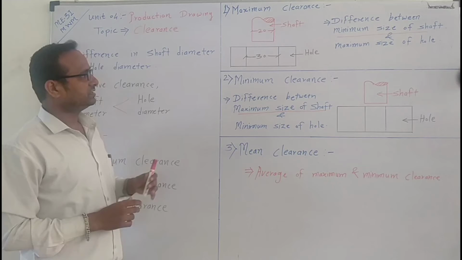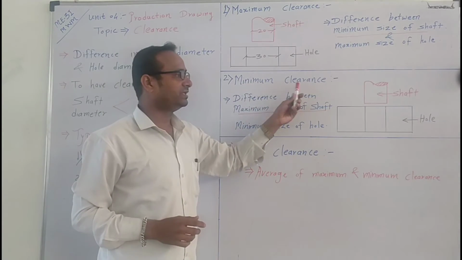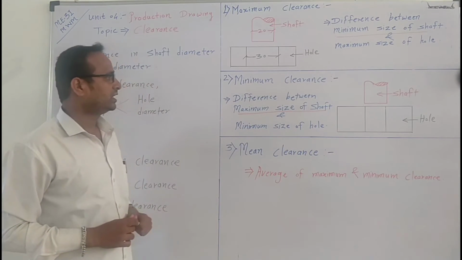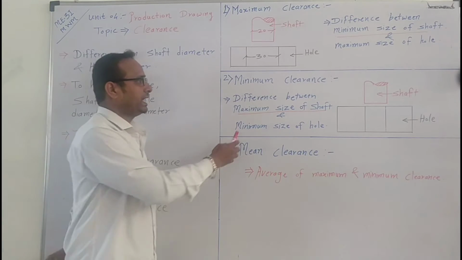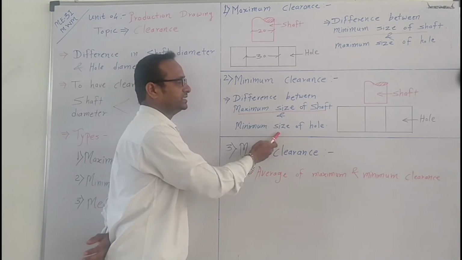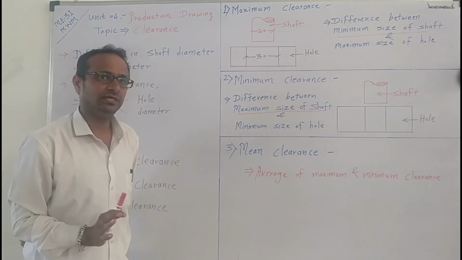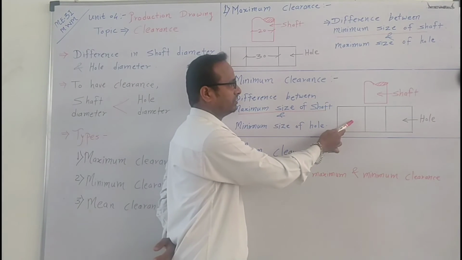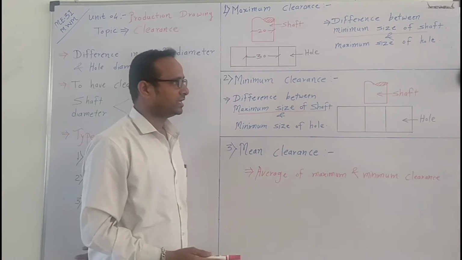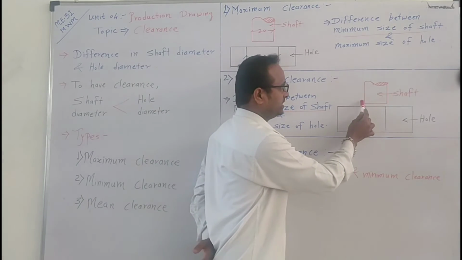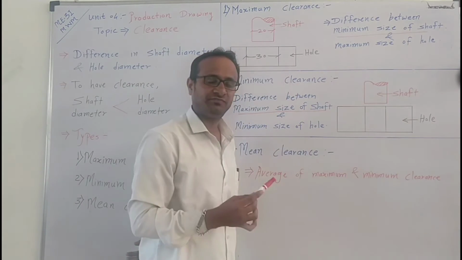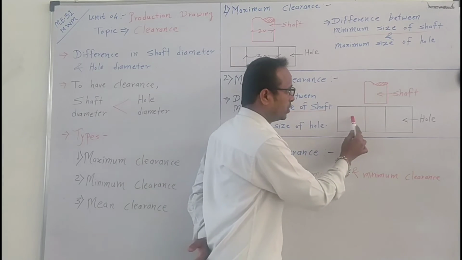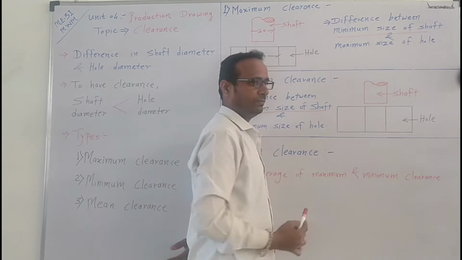Next one is the second type, minimum clearance. It is the difference between the maximum size of shaft and the minimum size of hole. If you see carefully the two diagrams, here is the diagram of minimum clearance. If you carefully see the shaft size or shaft diameter and the hole size, hole diameter.